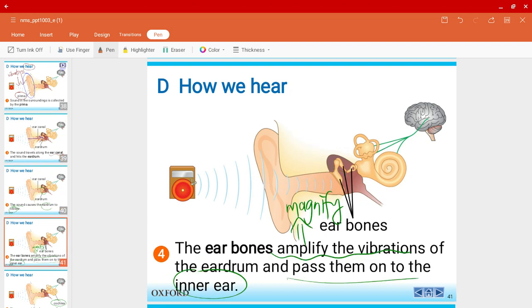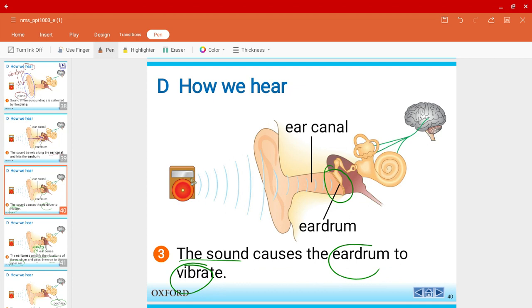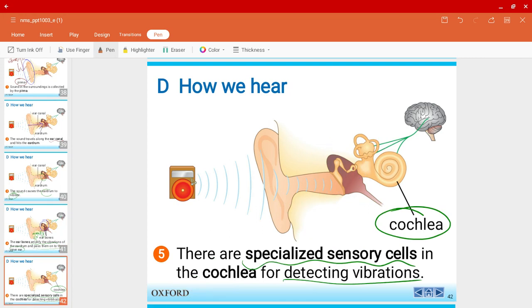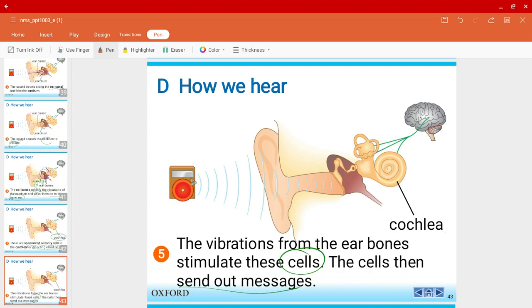The sound causes the eardrum to vibrate, and the ear bones that are present in the middle ear amplify the vibrations and pass them on to the inner part of the ear, where the cochlea has these specialized sensory cells. They detect these vibrations to send messages to our brain through the auditory nerve.